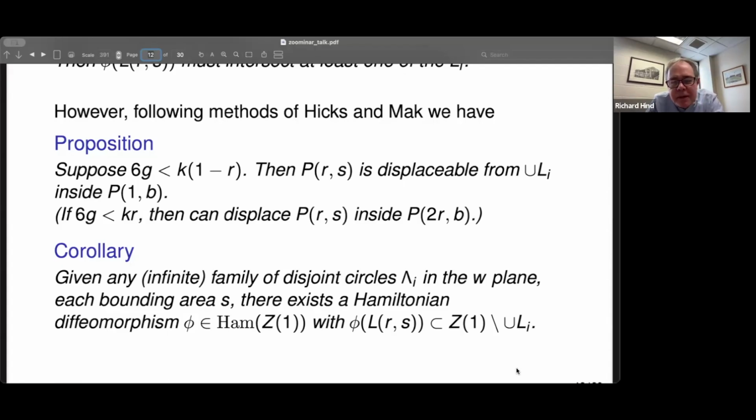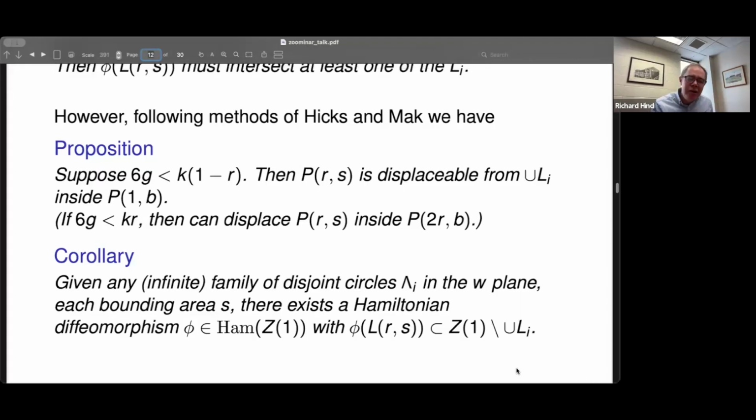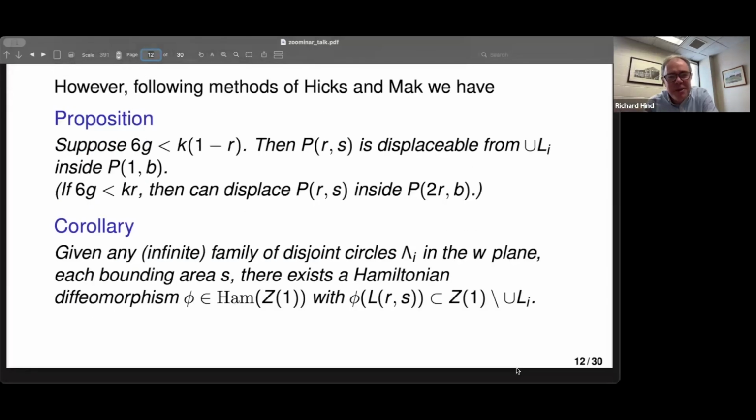If you take any family of Lagrangian circles in the W plane, all bounding area S, then no matter what you do, you can find a Hamiltonian diffeomorphism of the cylinder which displaces the product torus from all of the corresponding L_i's. So this is a long excursion, but it's all really to say that it's hard to see how to replace K by something smaller, at least in this scenario.